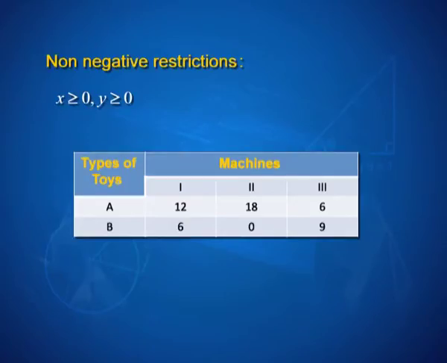So, number of toys that we have assumed for type A is x. So, if each toy of type A takes 12 minutes in machine 1, then x toys will take 12x minutes. Y number of type B toys will take 6y minutes.